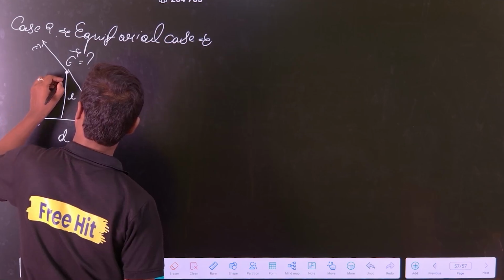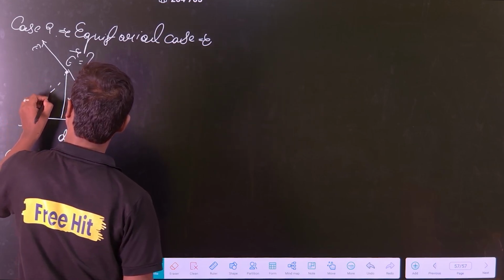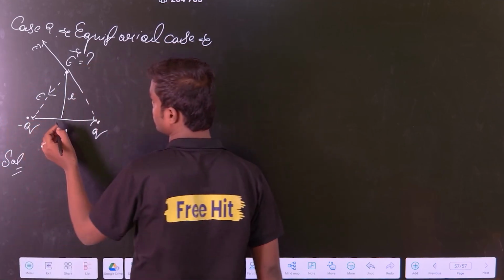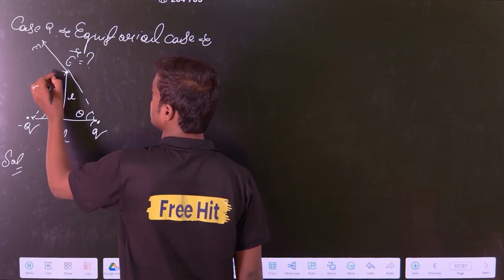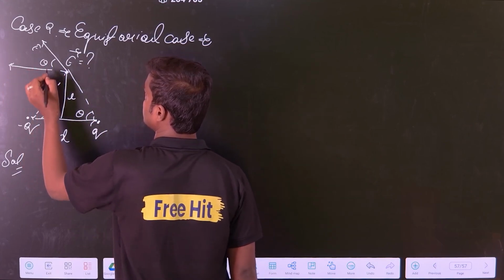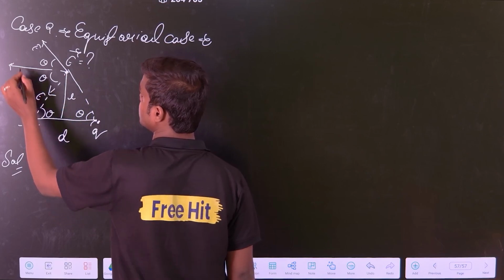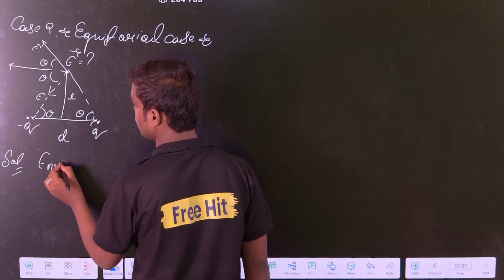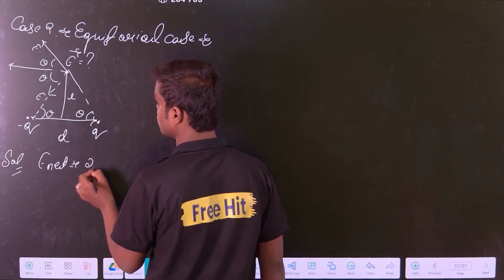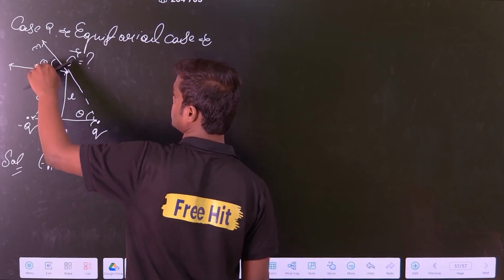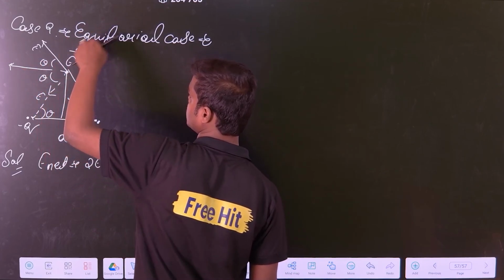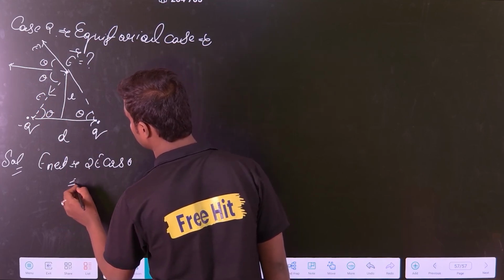Due to this charge, the electric field will be in this direction, correct? Now, this angle is theta, and this angle is also theta. So you will get my E net is equal to 2E cos theta, correct? Because E cos theta, E sin theta, E cos theta, E sin theta, the sin theta terms will cancel out, so you will get 2E cos theta.